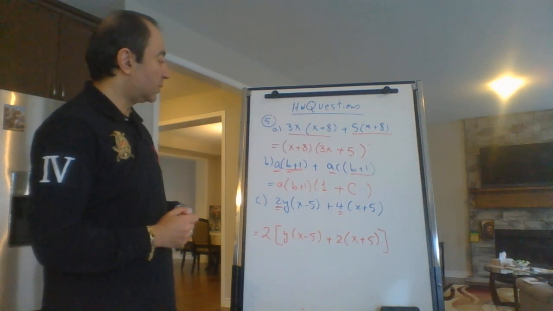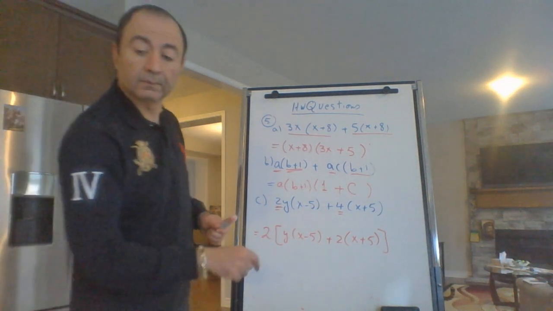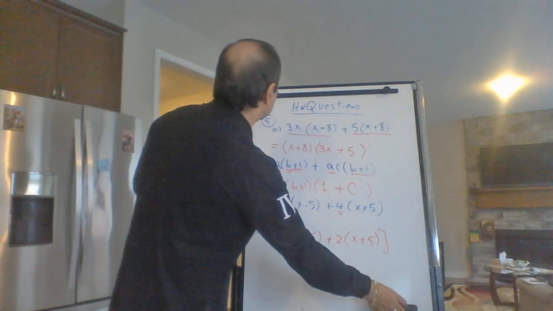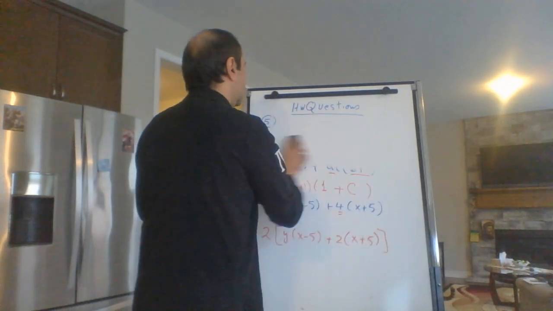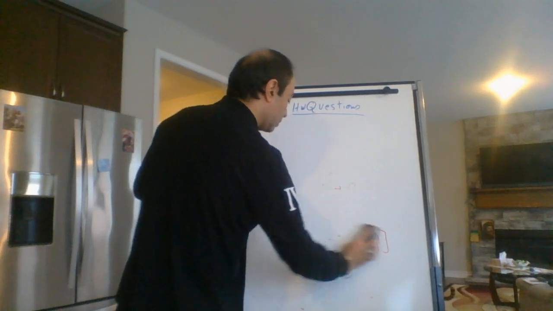Okay, this is A, B, C. I still have D. So I'm going to do 5D.